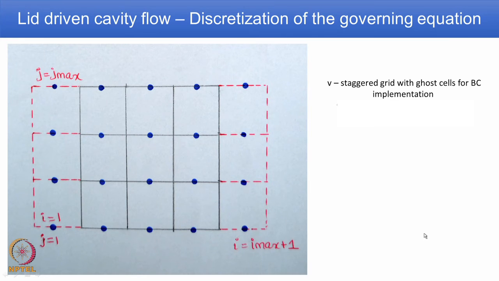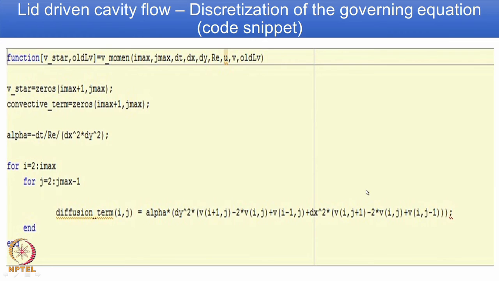Because of this extra ghost grid or ghost cell, the number of V velocity unknowns now becomes I max plus 1 into j max. So, here is the corresponding part of the code snippet. The function is V star old V equal to V momentum, and you have arguments defined as I max, j max, dt, dx, dy, Reynolds number, u, v and old V.